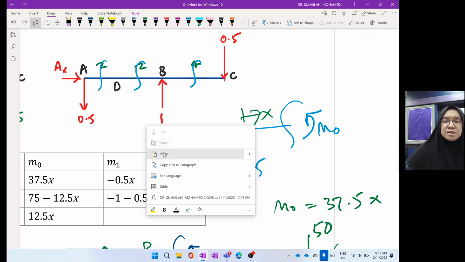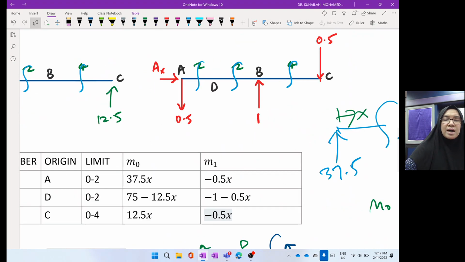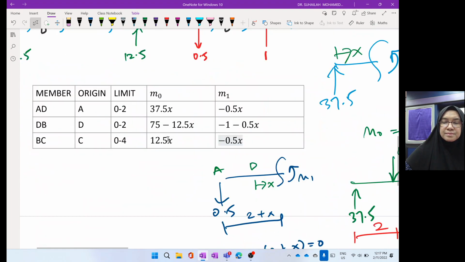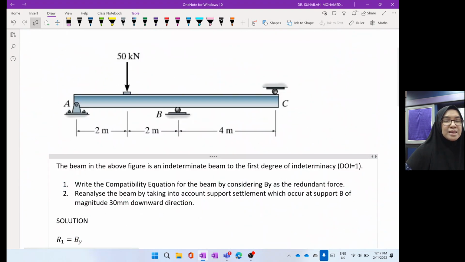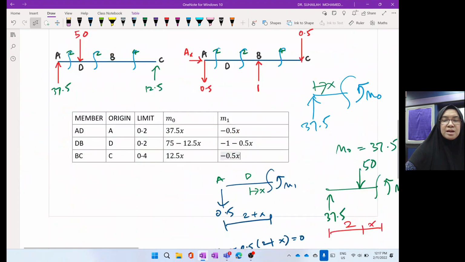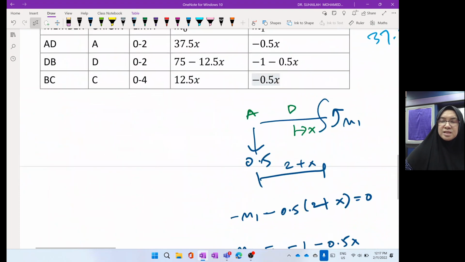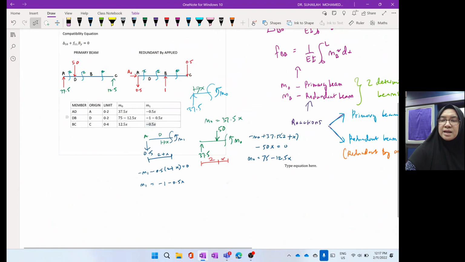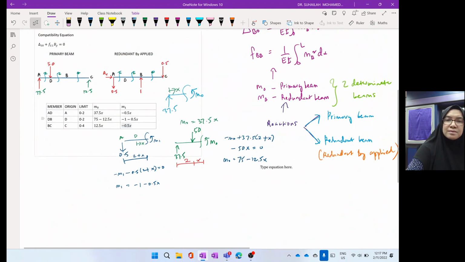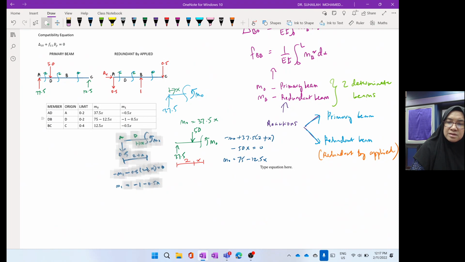Okay, now please continue to calculate displacement. Okay, now we want to calculate displacement. So this one I move. Okay, this calculation I move to the other side, so next time if you want to refer, you still can refer.